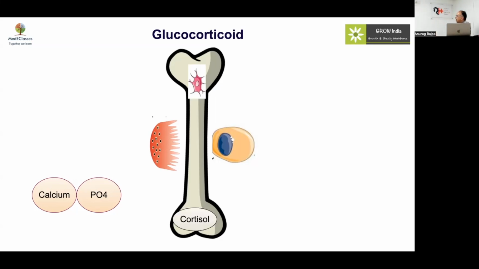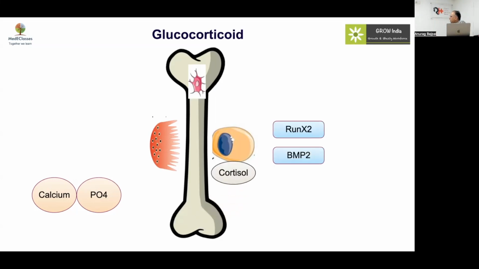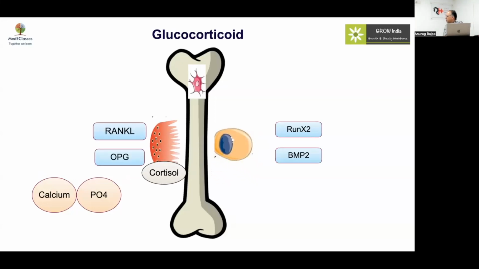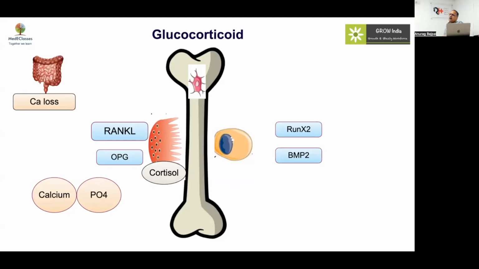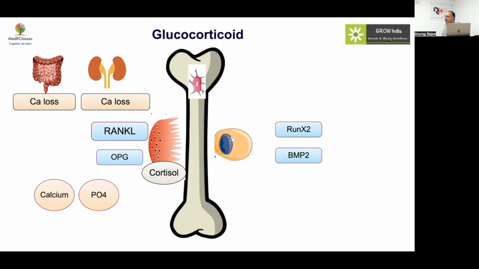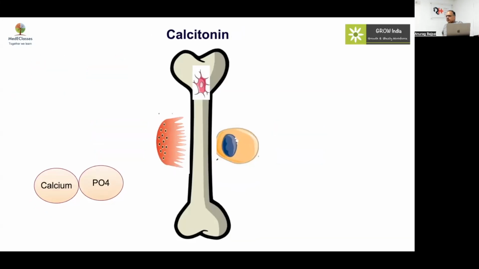So cortisol is bad for bone because it has a direct inhibitory effect on the RUNX pathway and the BMP2 pathway, reducing your osteoblast activity. It has an increased effect on the RANK ligand pathway, increasing bone resorption. It causes calcium loss from the gut as well as from the kidney, and that's why you will have low levels of calcium and phosphorus.